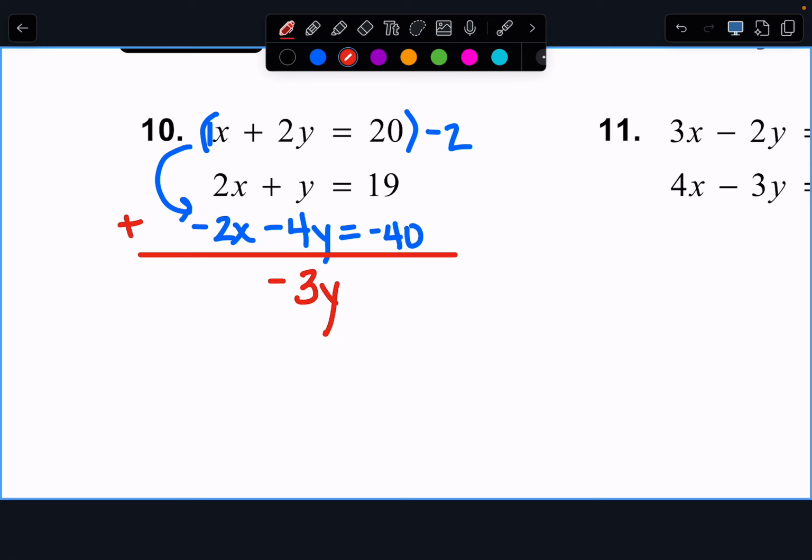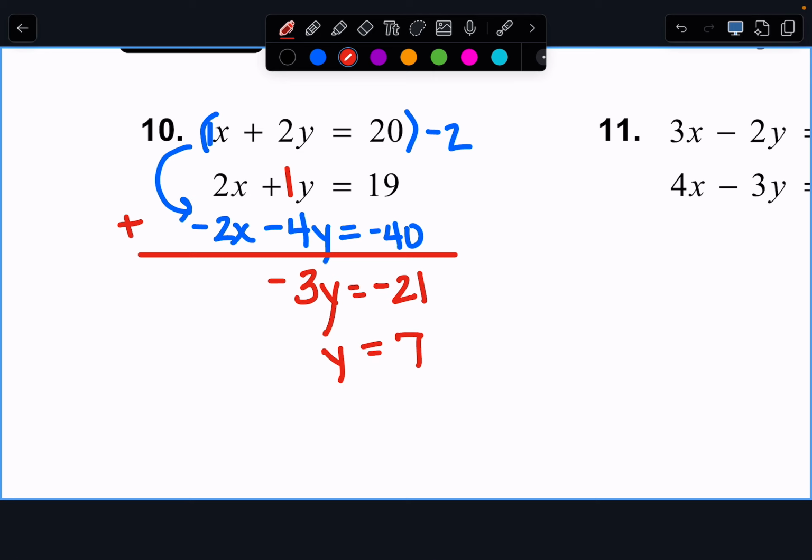Negative 3y. Remember, because that's like a 1. 19 plus negative 40. Negative 21. I thought I heard something different. Excuse me, Joey. All right, so y is 7.